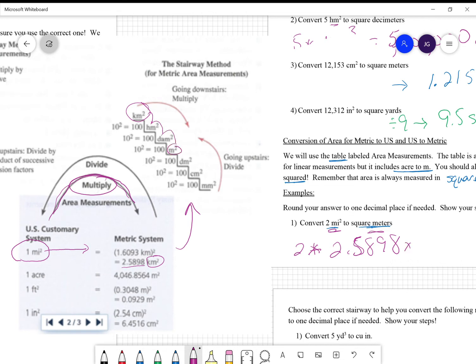So I'm going to multiply that by 100 cubed. That gives 5,179,600 square meters.